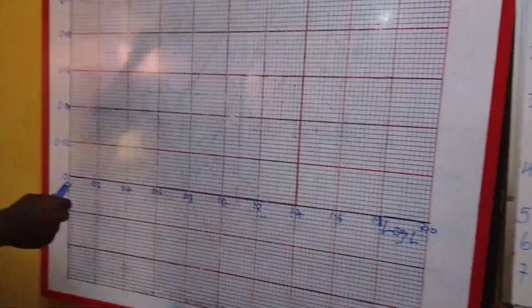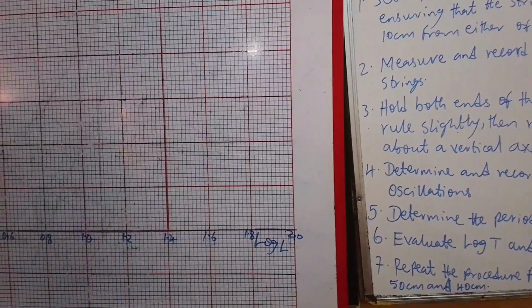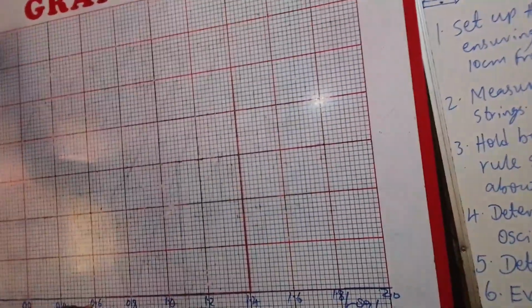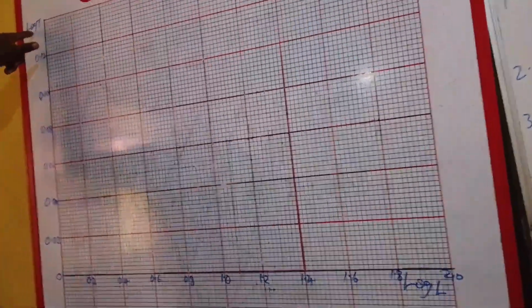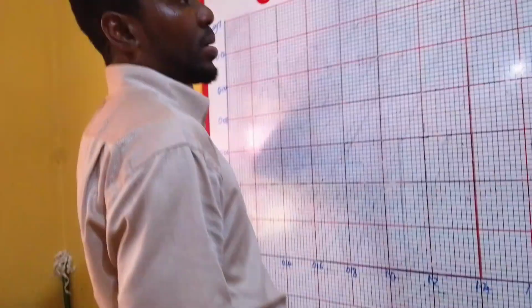So here I'm using 0.2 scale to 2 cm, that is 2 cm to 0.2. So we have distinguished the axis. You are plotting log T against log L. If you do not put that, you lose 1 mark from the graph.